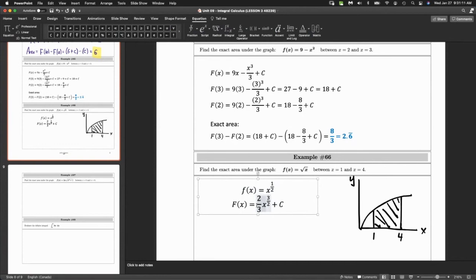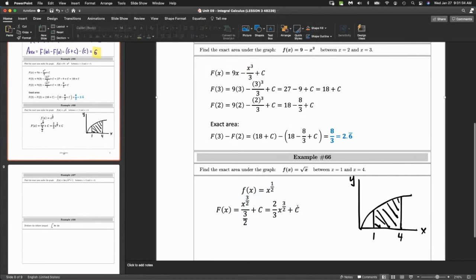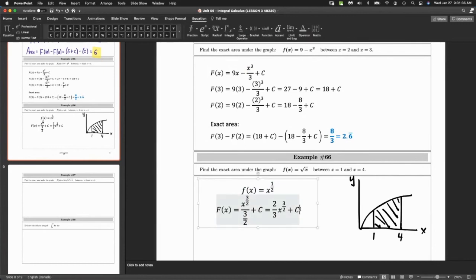If you're a little bit fuzzy about what happened there, I'm doing the formula where you add 1 and divide by the same thing. Like over here was x to the 3 over 3. I'm doing that over here as well. Perhaps I can write it here. So I'm doing x to the 3 halves over 3 halves.